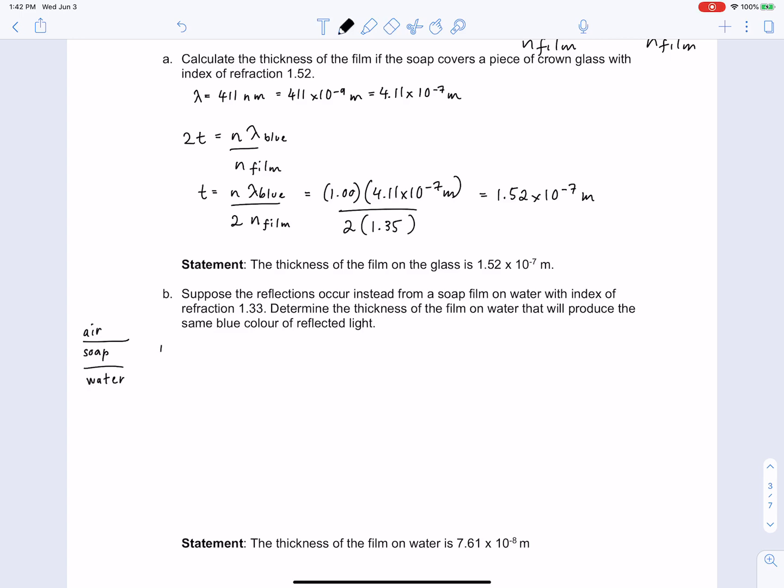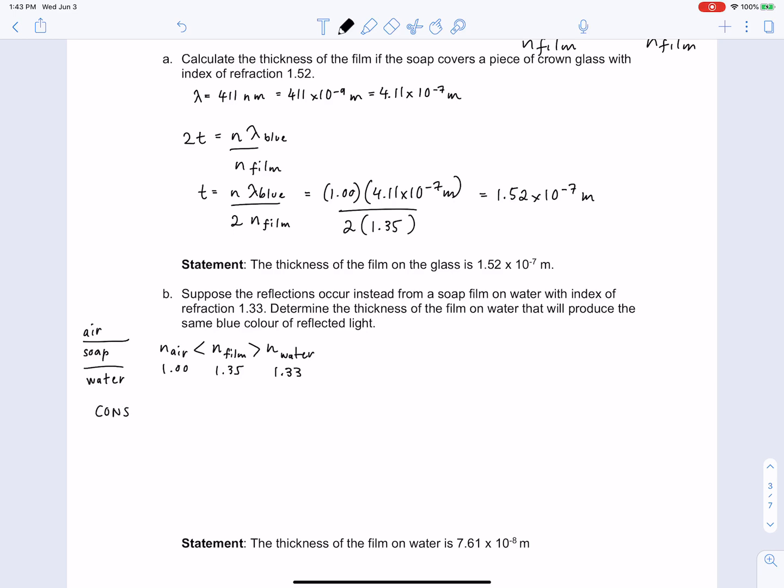So we're looking at the situation where the index of refraction for air is less than the index of refraction for the film, but the index of refraction for the film is greater than the index of refraction for water, because we are looking at 1, 1.35, and 1.33. When this is the situation, we are governed by the opposite set of equations.